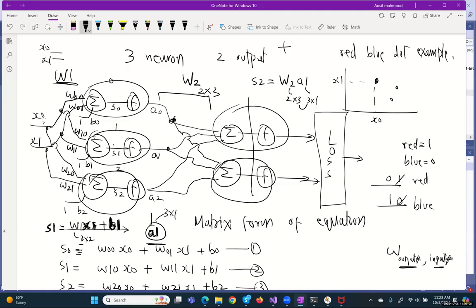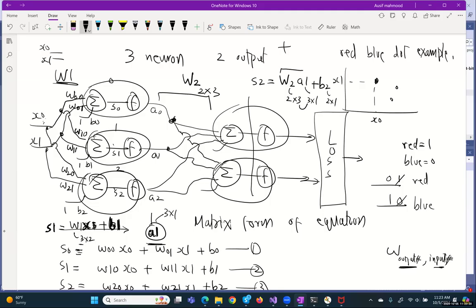So plus, suppose this is the vector B2. B2 are these biases. There are 2 biases, so this will be 2 by 1. Does this satisfy?